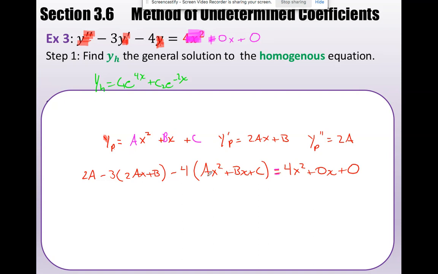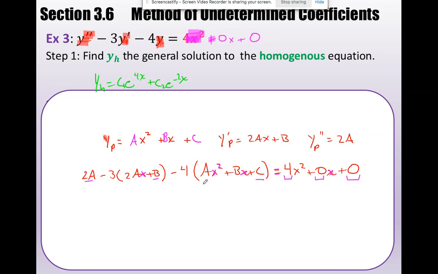Whatever coefficients are in front of x squared over here need to be equal to 4. Whatever coefficients are in front of the x term need to be equal to 0. And whatever an x to the 0, all of those constants need to add also to 0.